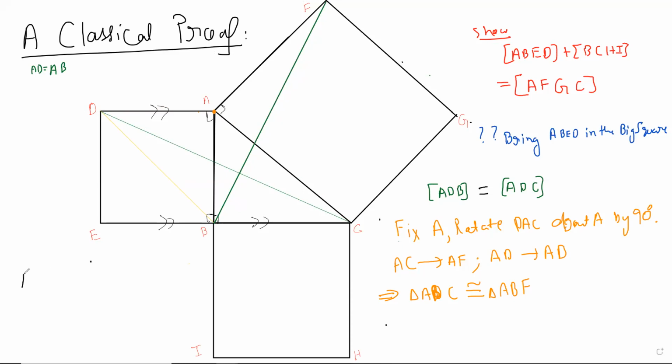So ABF. We have shown so far that ABD, which is half of the small square, has area equal to ADC, and that is also equal in area to ABF.